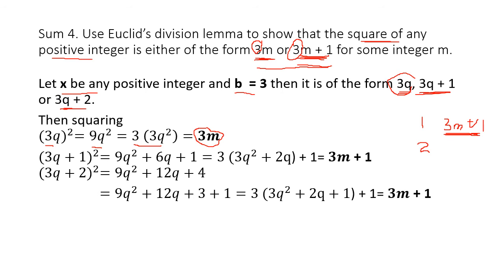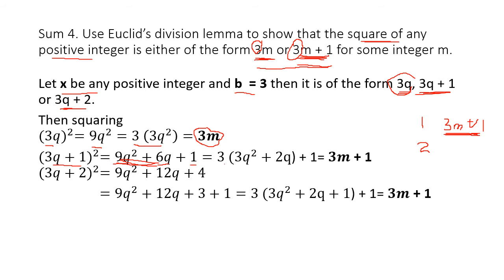If it is 3q plus 1, what is 3q plus 1 the whole square? Which formula will you use here? a square plus 2ab plus b square. So a square is 9q square, 2ab is 6q, and b square is 1. Now from these first two terms, I have taken the 3 common.